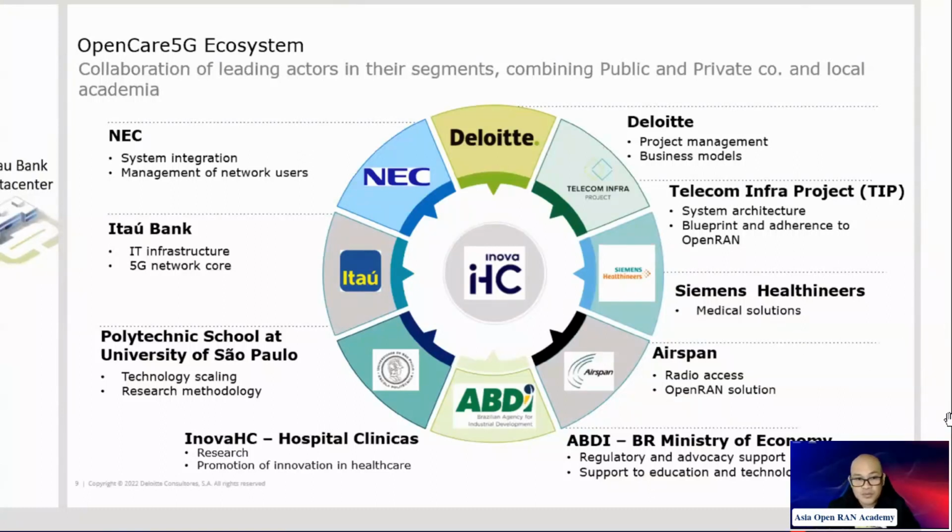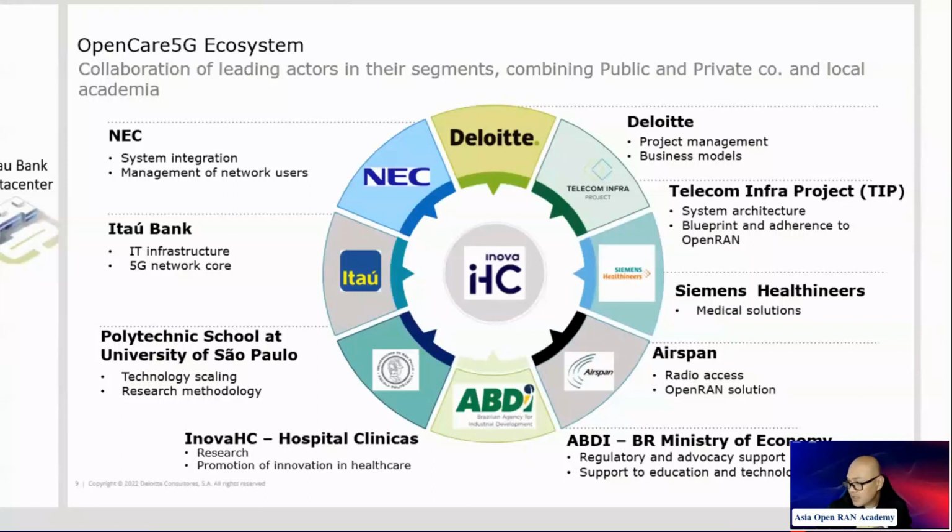And then they also have Siemens Healthineers, which provides the medical solutions like the test equipment that is connected to the network. In terms of the radio access hardware and software, they use Airspan's radio access and Open RAN solution.